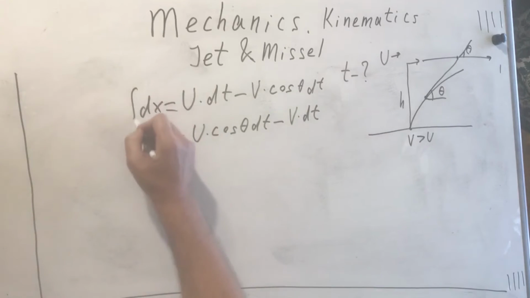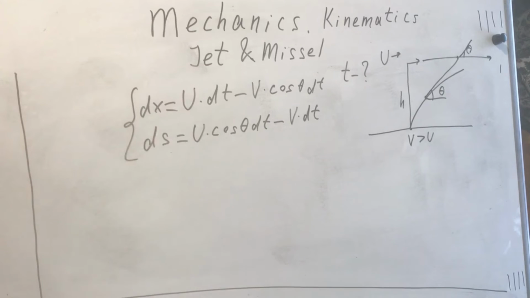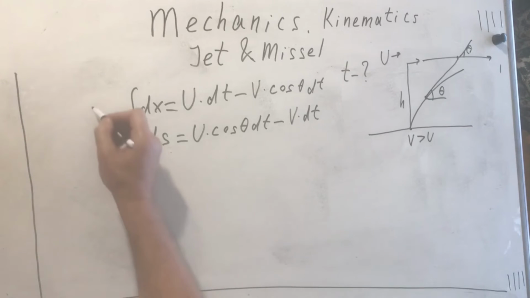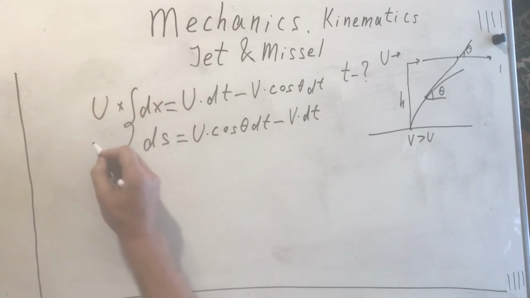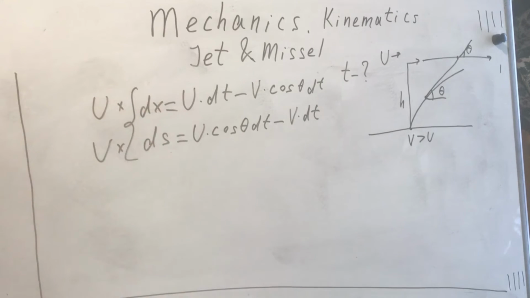So we have these two equations. Now, it's a good idea to eliminate cosine, because it's not constant. For that we can multiply the dx equation by u, and the ds equation by v. And after that we can add these two equations.